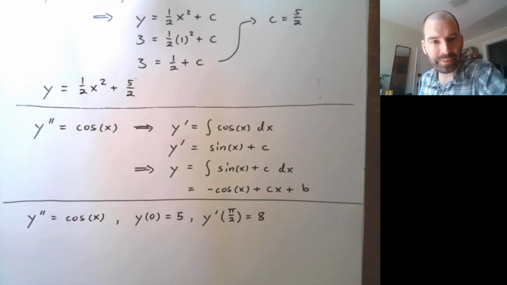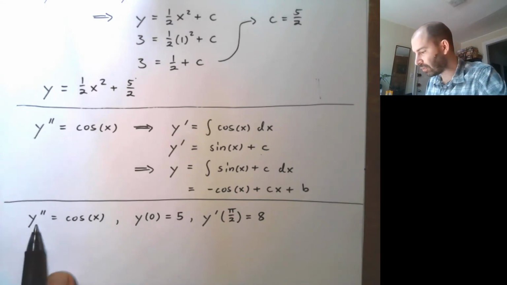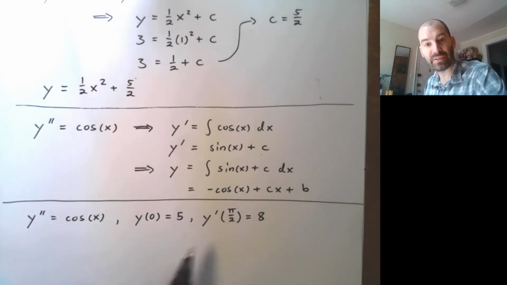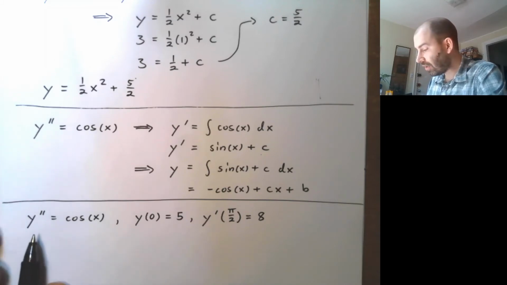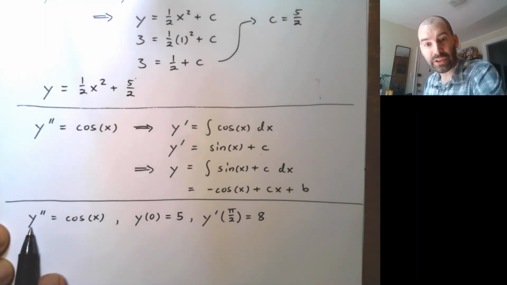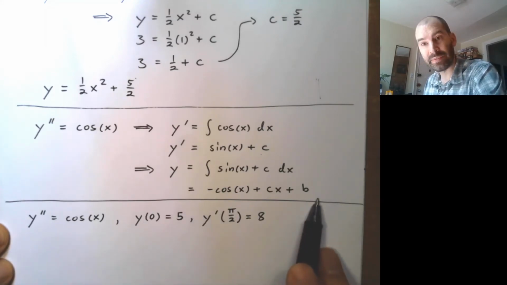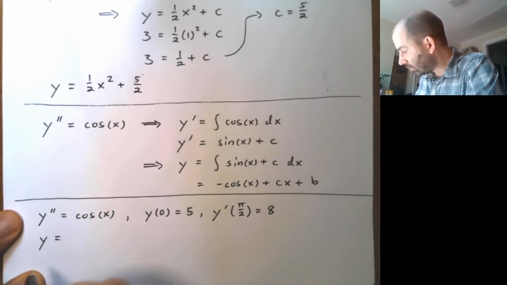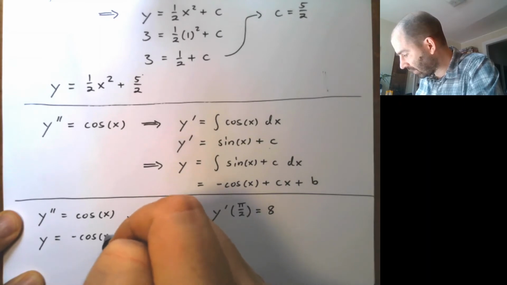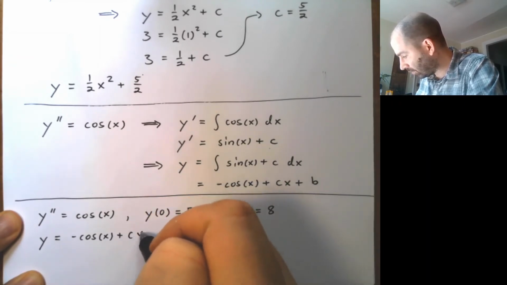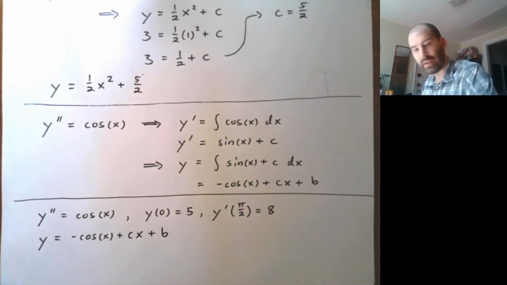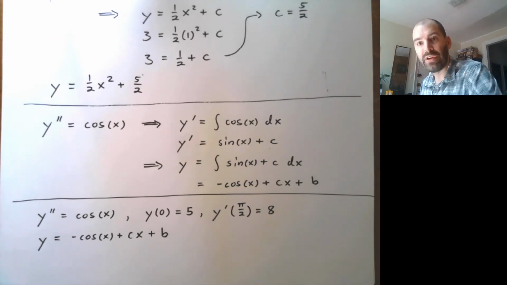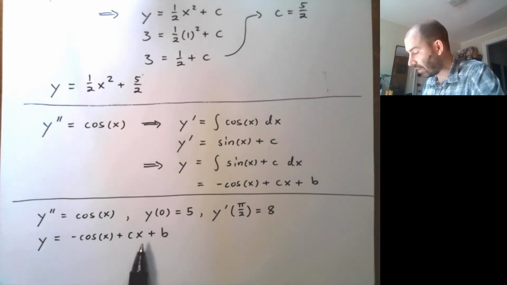Okay? So we have our differential equation and two conditions along with it. So I know that when I solve this differential equation, I get this. Okay? Just doing exactly what we did before. But now how can we use these initial conditions to figure out what c and b are?